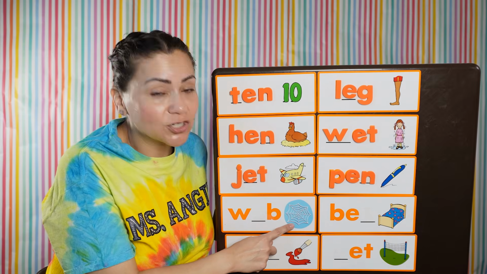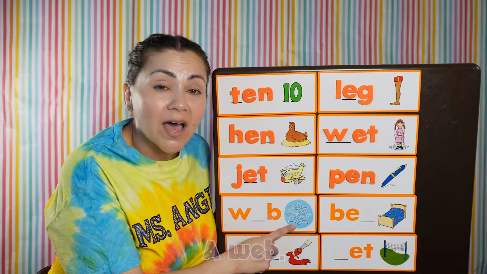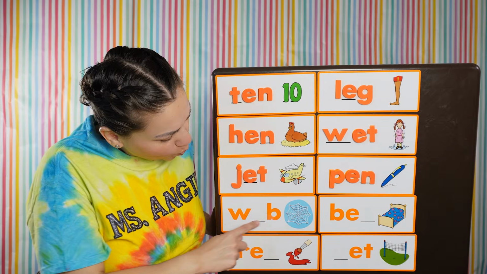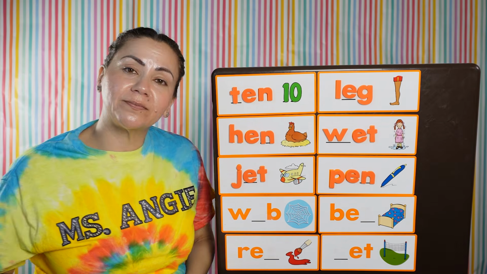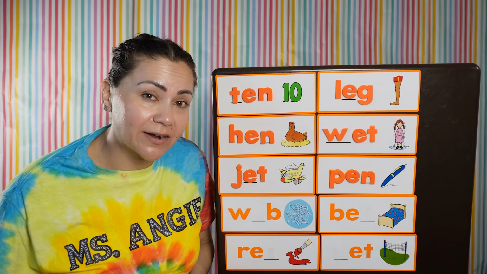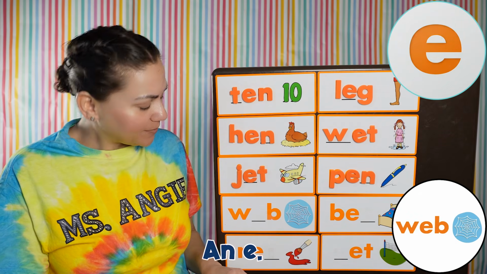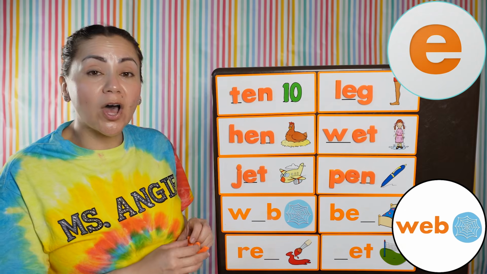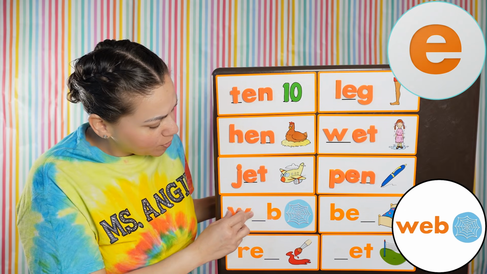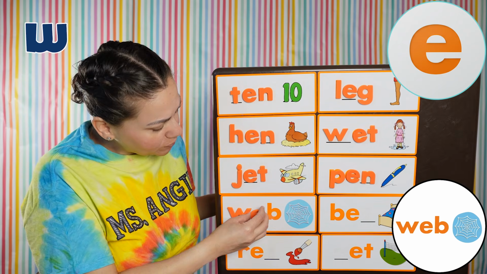This is a picture of a web. That's right, a web. Web is missing a letter here in the middle. Can you tell me which letter is missing? An E. That's right, an E. Let's put the letters on the board as we spell it out. Web is spelled W-E-B.